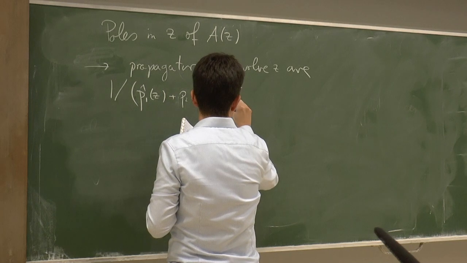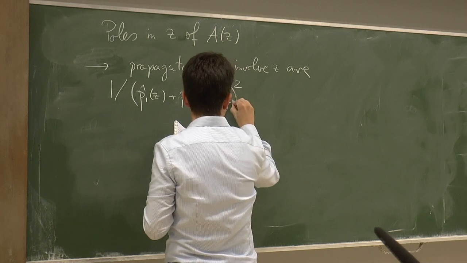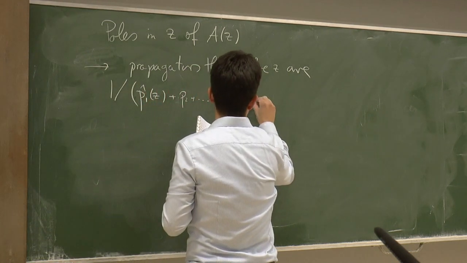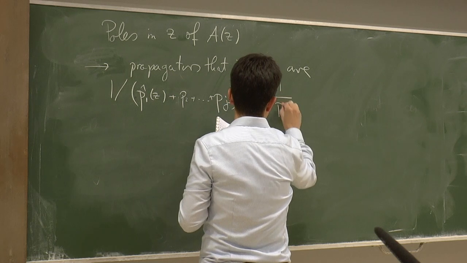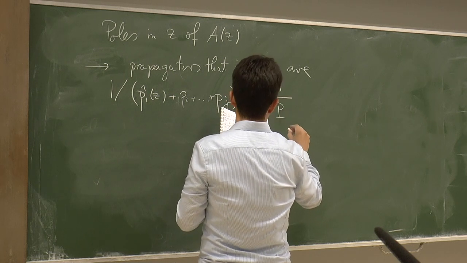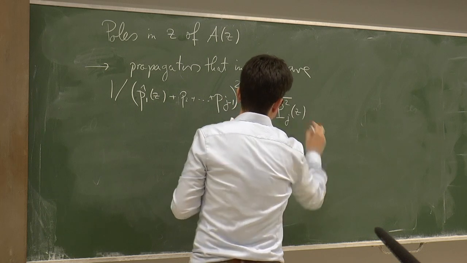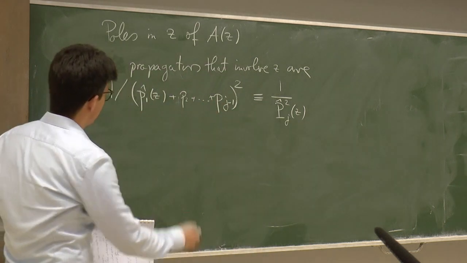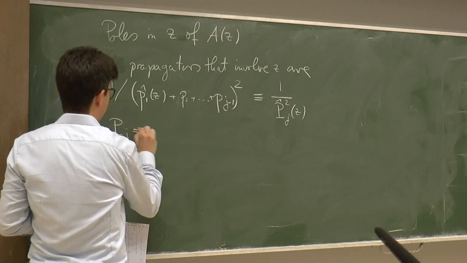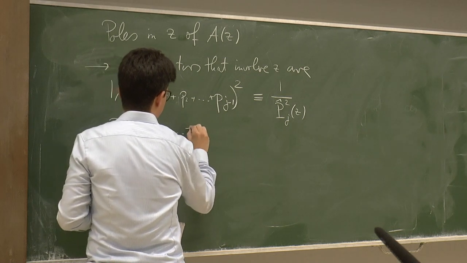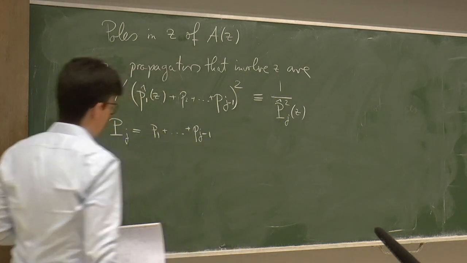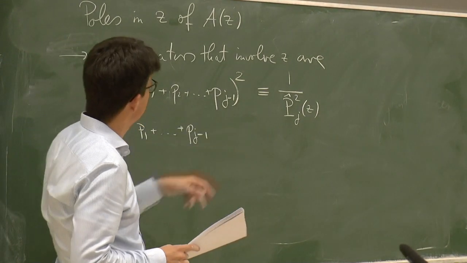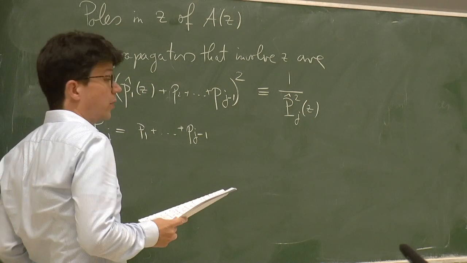Let me introduce some notation for that. I want to call the propagator which goes from P1 to Pj minus 1 the capital Pj squared, a shifted version of that. So capital Pj is P1 plus through Pj minus 1. This was the argument of the original propagator, and now it's been shifted, and for these objects we have a pole in z.